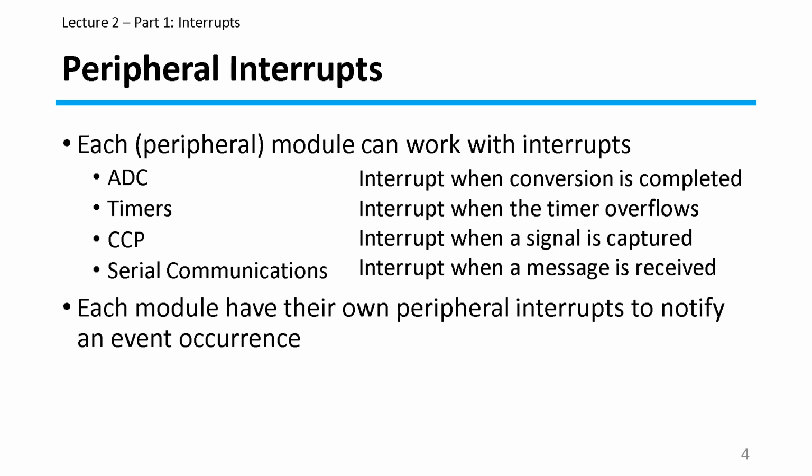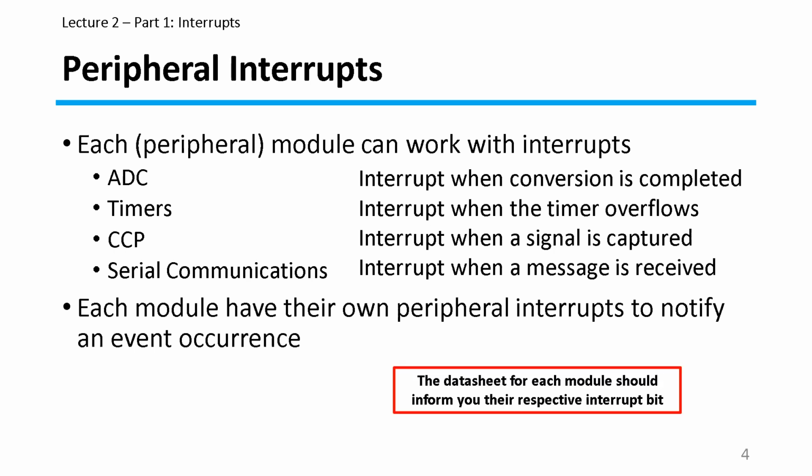So each module will have their own peripheral interrupts to notify your core of an event occurrence. Different architectures or different microcontroller units will have their own way of using peripheral interrupts, so you should refer to the respective datasheet for each different chipset, as well as each separate module, since they inform you of their respective interrupt bit.